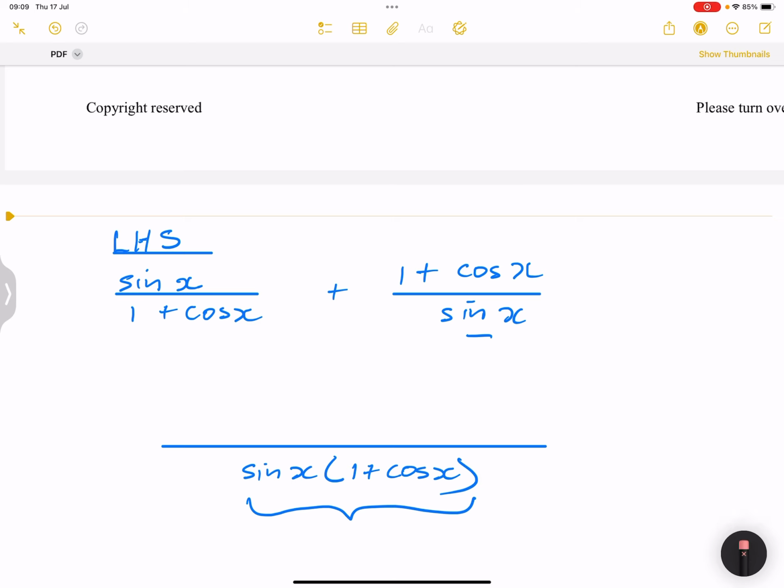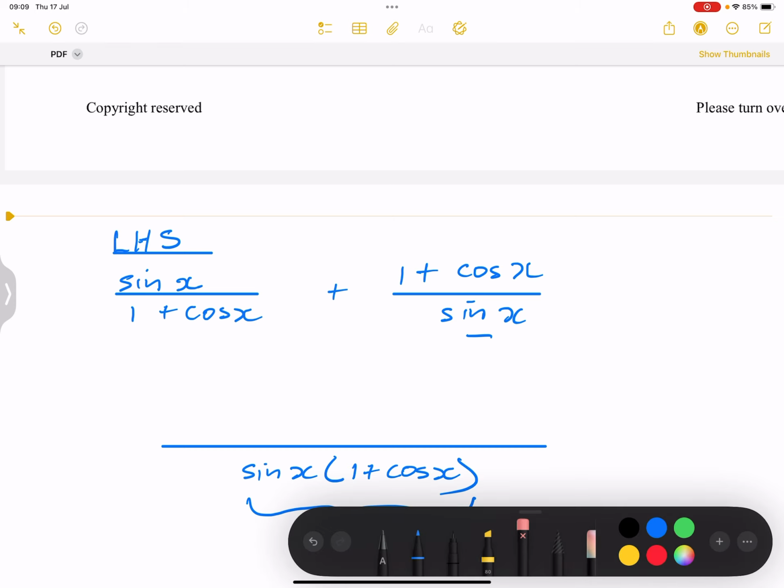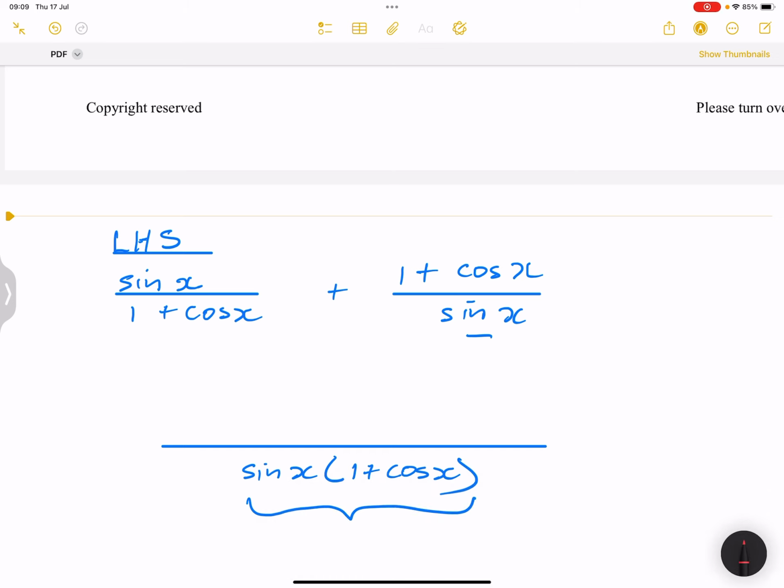Okay, so meaning that what would happen here, now I want you to think about it. If I were to take that entire LCD, the 1 plus cos x would cancel the 1 plus cos x. I'd be left with sine x, and so the sine x will be multiplied by the sine x at the top there, right? I'll show you just another method just now. So you'd end up with sine squared of x, all right?